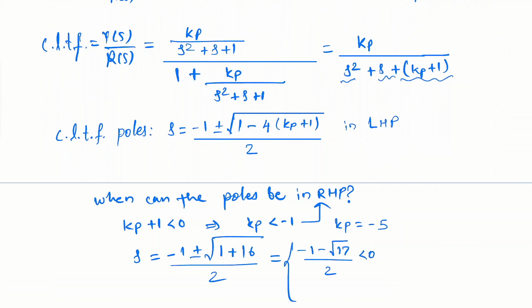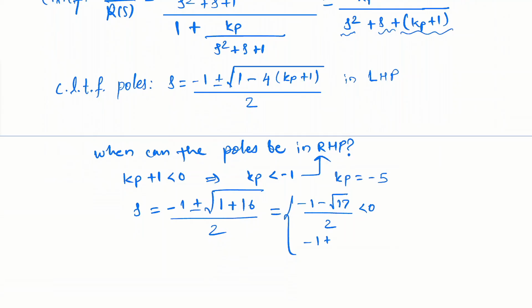But we'll also have another term minus 1 plus under root 17. Under root 17 would certainly be something greater than 4. So when we subtract 1 from it, it will be positive. So if Kp is less than minus 1, in this case, the closed loop system would be unstable.